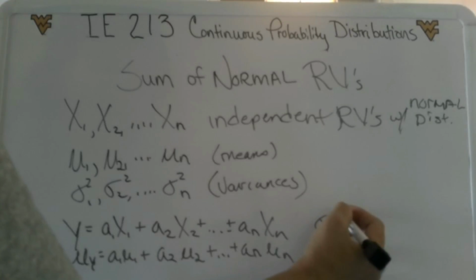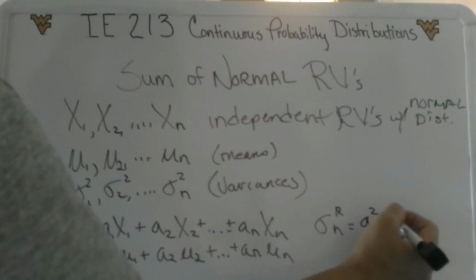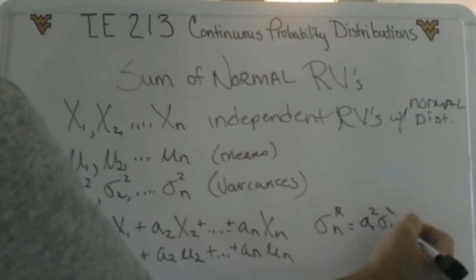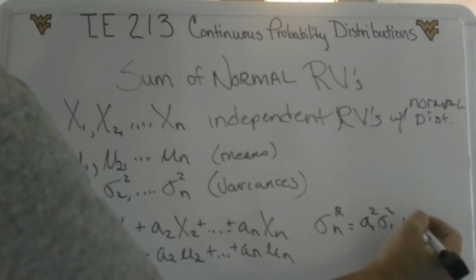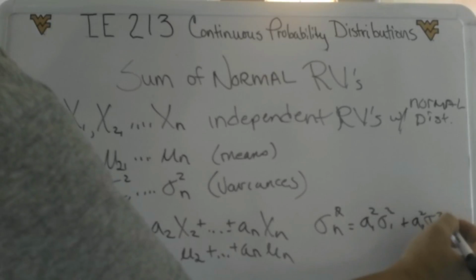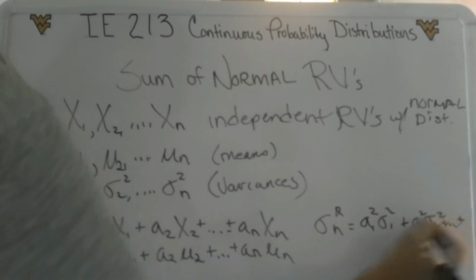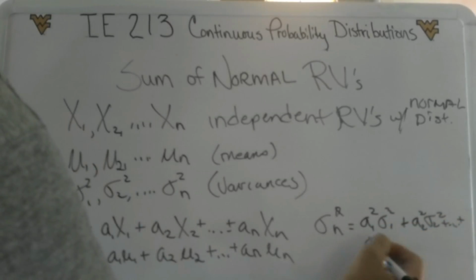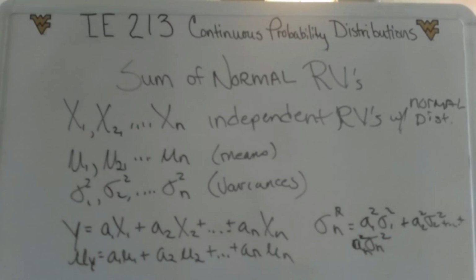So that would be a1 squared sigma squared 1 plus a2 squared sigma squared 2 plus through an squared sigma squared n.